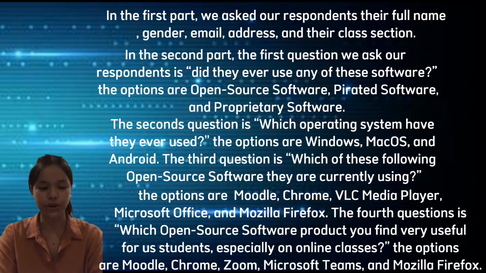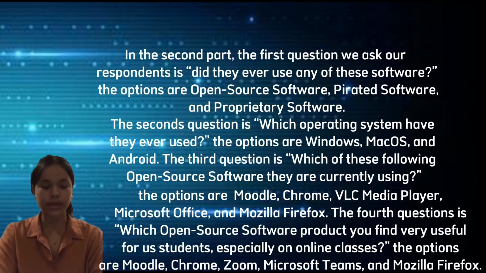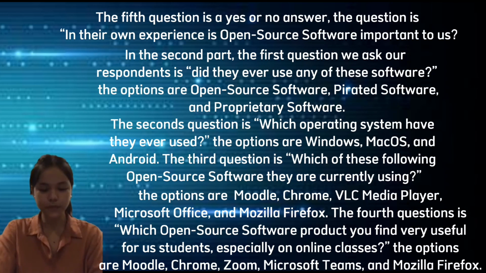The options are Moodle, Chrome, Zoom, Microsoft Teams, and Firefox. The fifth question is a yes or no question. We asked them if, in their own experience, open source software is important to us.